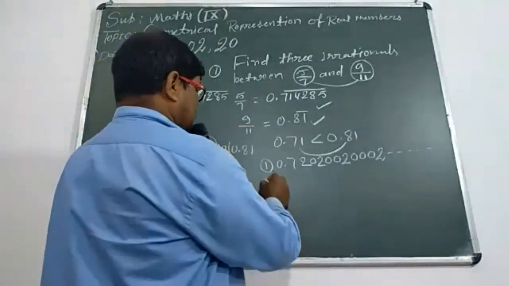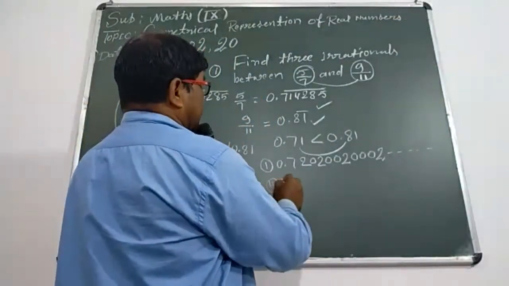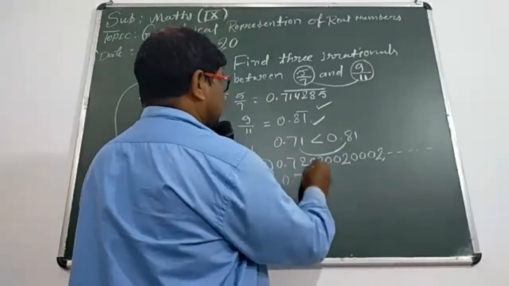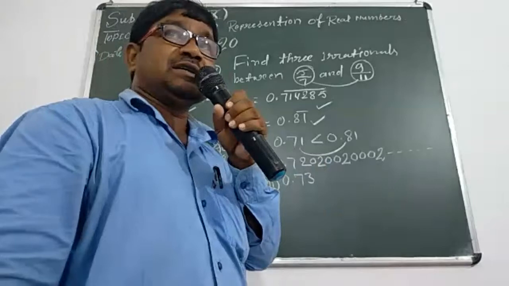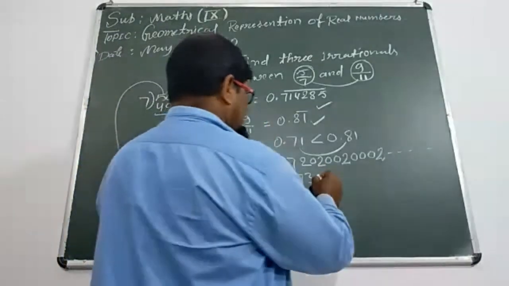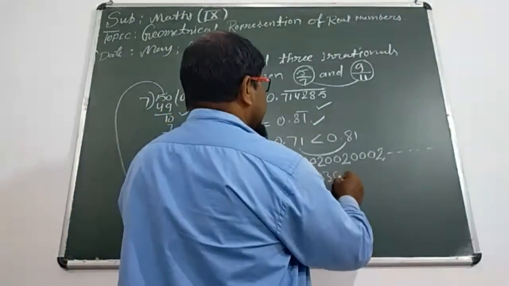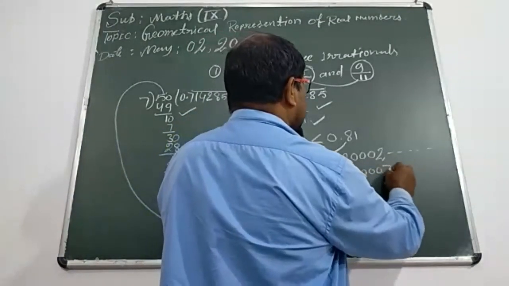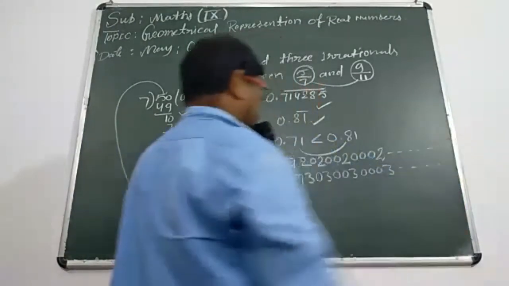Now the second number we can write 0.73, 0.730003 dot.